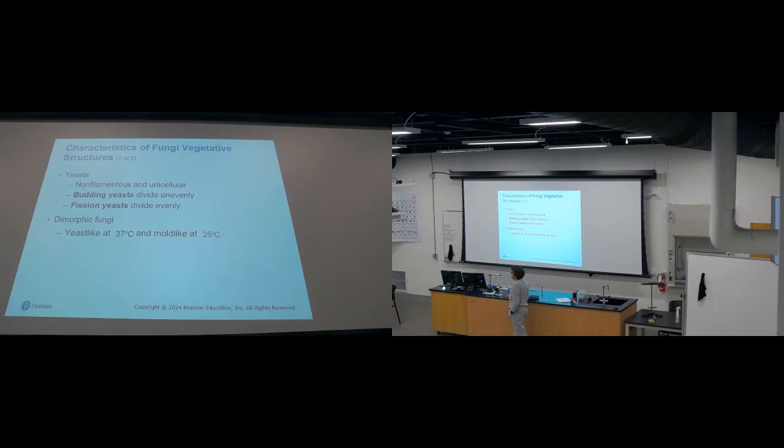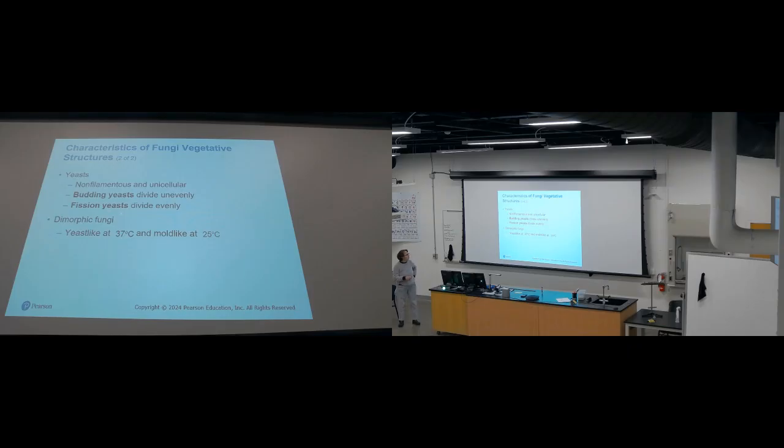Fission yeast, when it divides, gives you cells of the same size, while budding yeast initially gives you tiny buds, but once they get released from the mother yeast, they start developing the regular size.